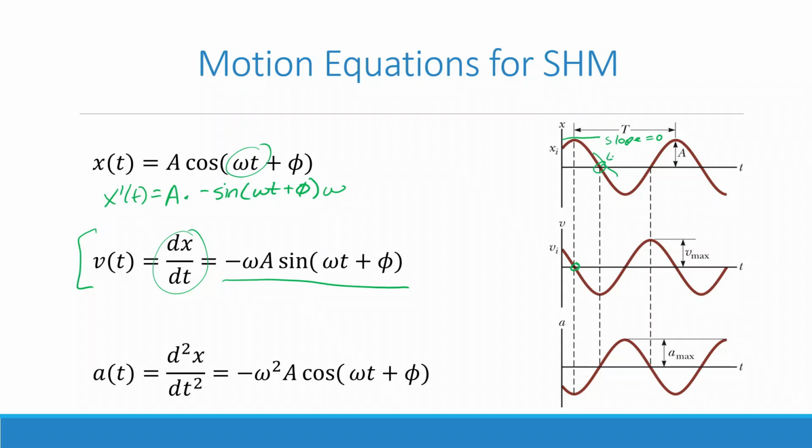In this case, our slope is at a negative maximum, so we can see we're at a negative maximum right here. Here again we're going to be at 0, because our slope is 0. And then we have a value here that's a positive max for velocity because we have a positive slope. And over again, that's going to oscillate.